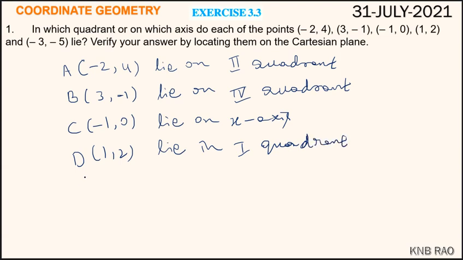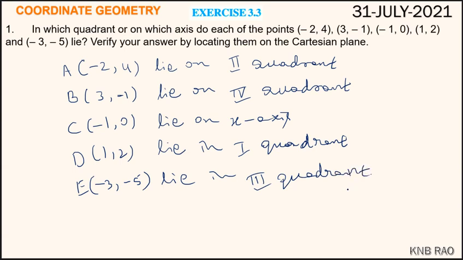Then moving on to the last point, -3, -5, if I call it E, because of negative, negative, it lies in the third quadrant. So this is how we answer without plotting them. If I want to verify where they lie, we will go for the Cartesian plane.